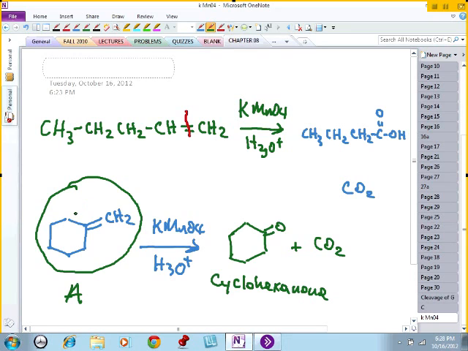Supposing I did not give you this starting material, and all I did was give you the reagent. You should know what this reagent will do, and then I gave you this product here, cyclohexanone plus carbon dioxide, and I say write the structure of compound A. So you should be able to reconstruct compound A based on the product of the reaction.